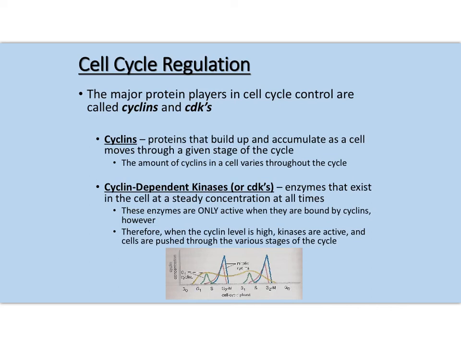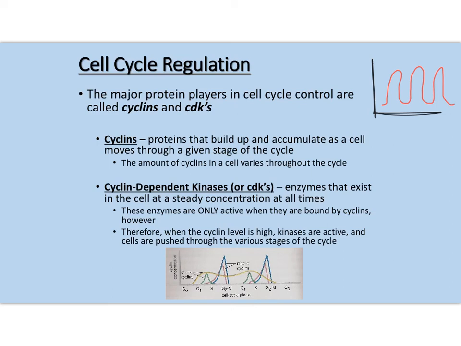So, first, all right, you have in your cell, I'll draw a little graph sort of, you have things called cyclins. Now, cyclins are proteins which fluctuate their levels throughout the cell cycle. Hence, that's why they're called a cyclin, right? They accumulate and then they go away, and then they accumulate and then they go away. And this occurs at certain points during the cell cycle.